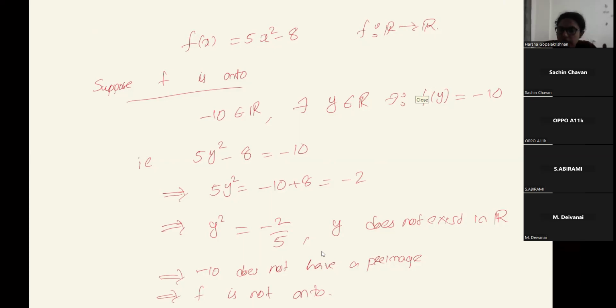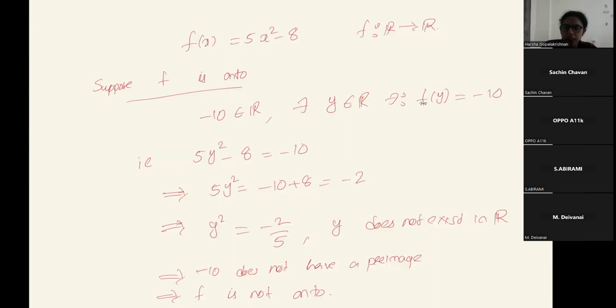We have done so many examples of f of x equal to x square. It is not a 1, 1 map and not an onto map from R to R, but it is obviously a function. See, 1, 1 and onto is just a condition.